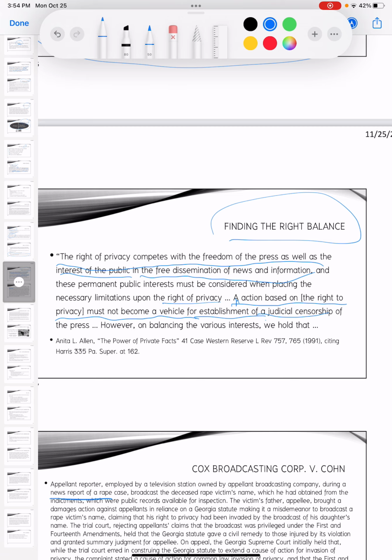Every time they limit the freedom of the press, the public interest in the free dissemination of news and information will be affected. So the court must be careful if they are going to limit the freedom of the press based on the right to privacy, right?